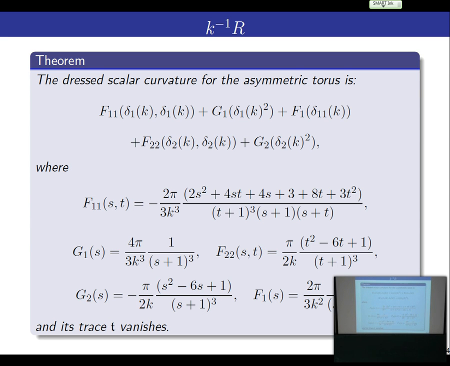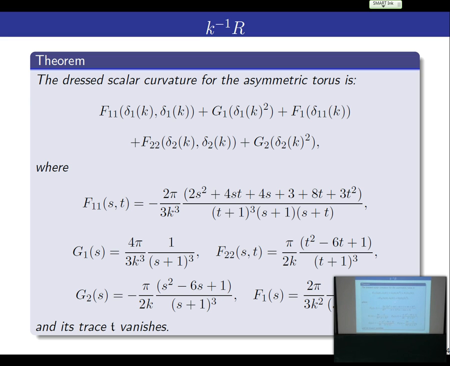And now comes the main result, the main computation. The dressed scalar curvature, the quantum analog of this expression, for this asymmetric torus, for the Dirac operator as I defined before, has this form. So there are functions of the first derivatives of k, of one function of one variable of the square of the first derivative, a function of the second derivative of k.